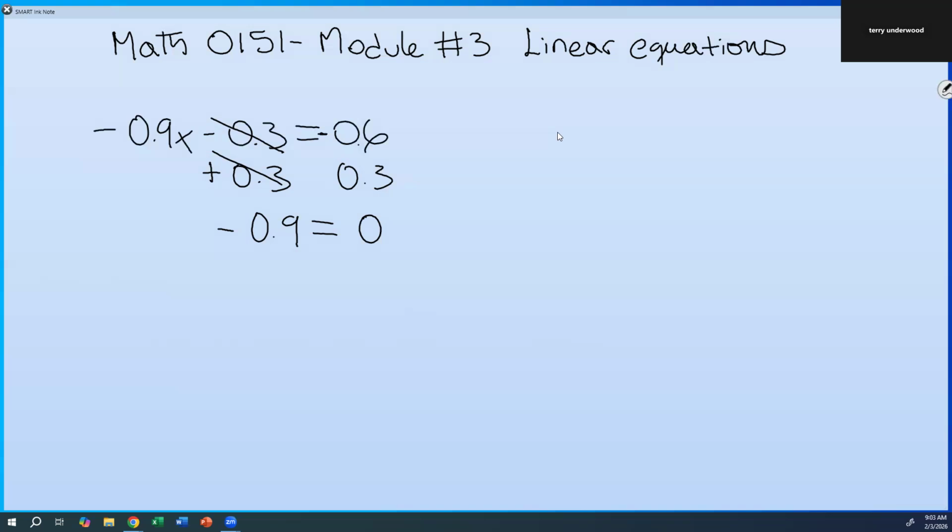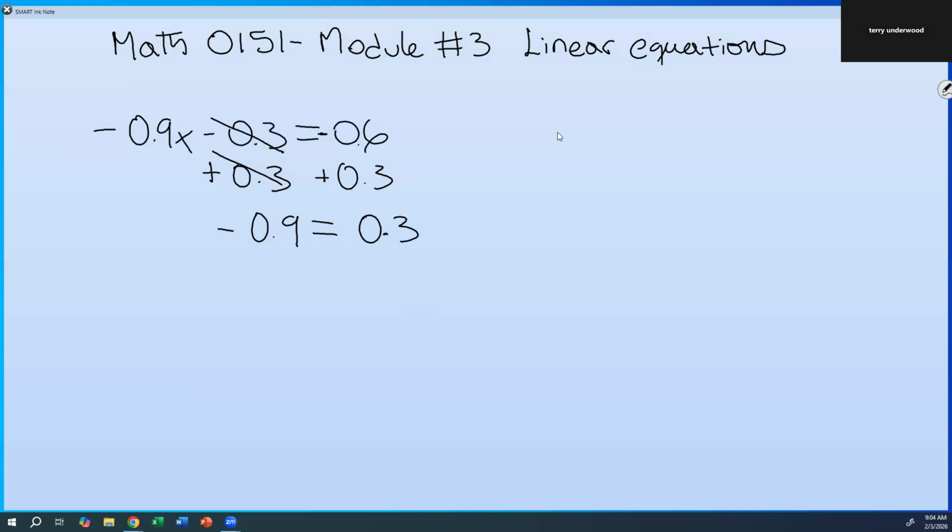I forgot something. Okay, so you have a positive 0.6 and a negative 0.6 and a positive 0.3. The answer will be 0.3. But again, if you are uncomfortable doing it in decimals, multiply both sides by 10 and do the same process.